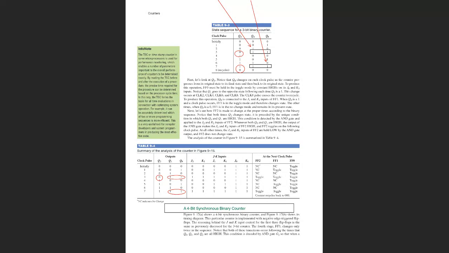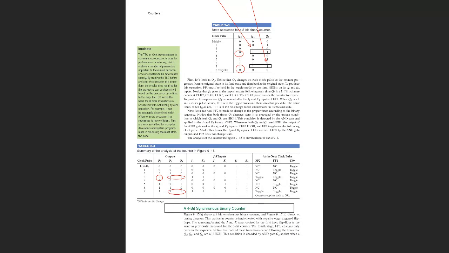The next toggling of Q2 happens at clock 7, because Q0 and Q1 are 1, and we need to toggle Q2 from 1 to 0. So those two situations are the only situations in which we toggle Q2. In both cases, it happens when Q0 and Q1 are 1. So this is why we have this kind of hardware solution.